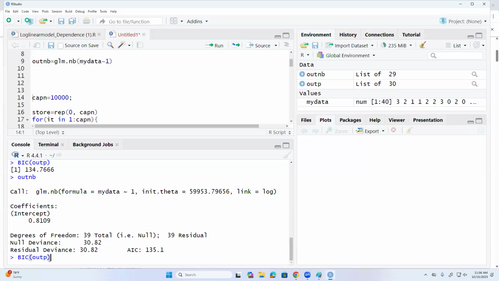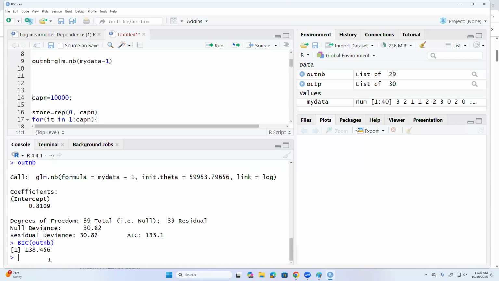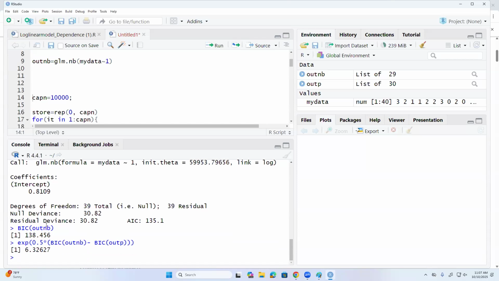Let us calculate the BIC value, 138, and the Bayes factor of Poisson model in the numerator, negative binomial in the denominator. Let us calculate that. It is 6.32.